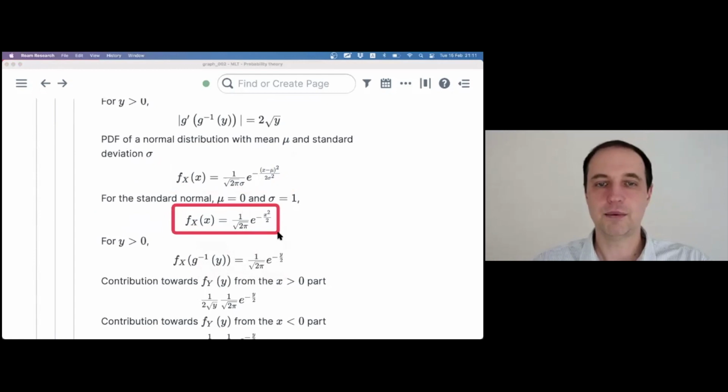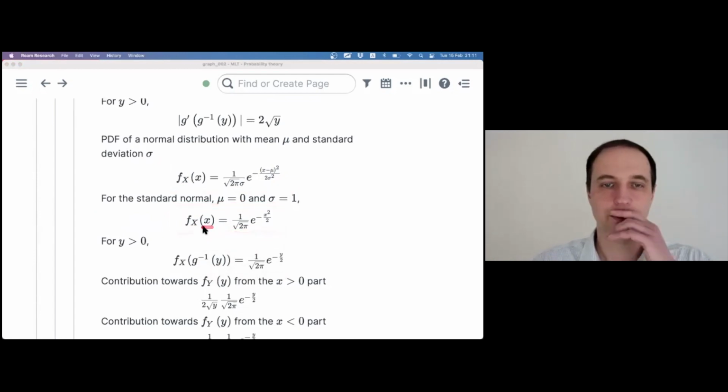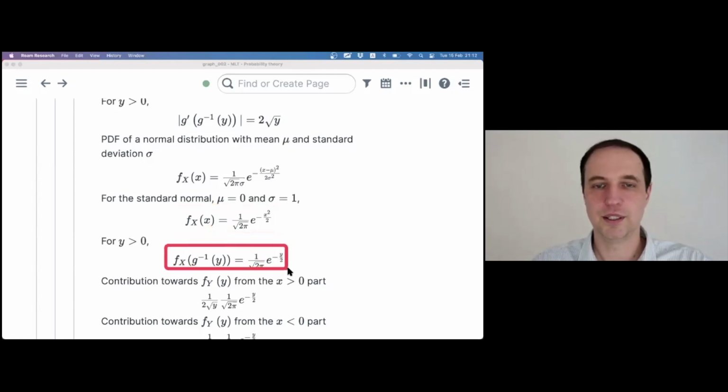And we can also plug in for x. Yeah, now that I think about it, this is fine. So this will be the correct value of the PDF.